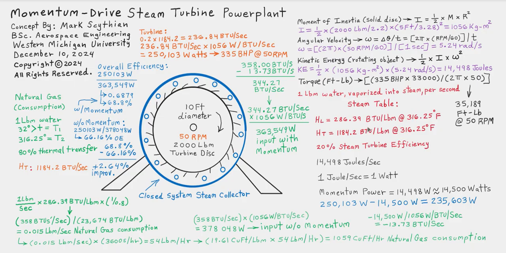And so if we did not have the momentum, again, it would be 250,103 divided into 378,048. And so the consumption is then decreased on the fuel side. But we will scale that to what we're using without the momentum, because it is very negligible.